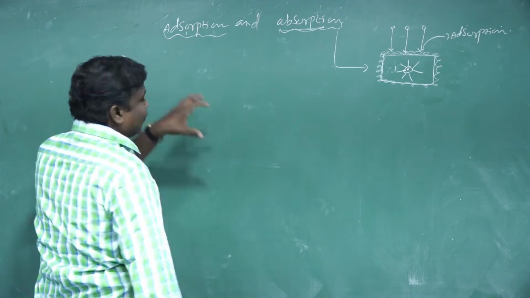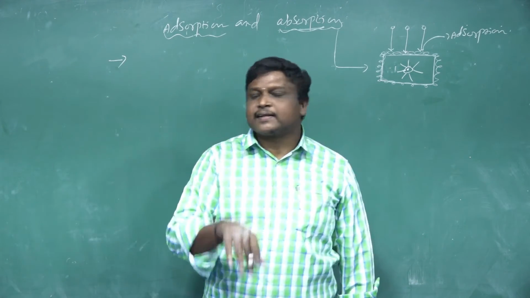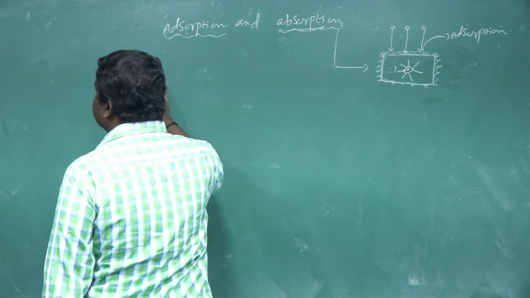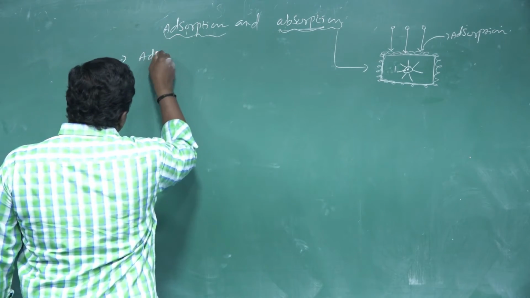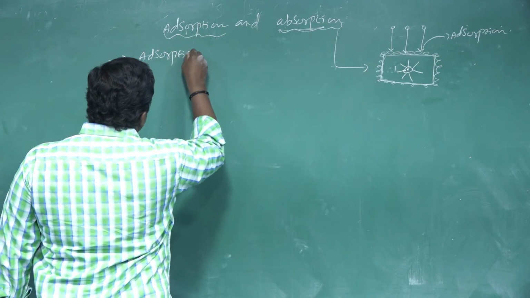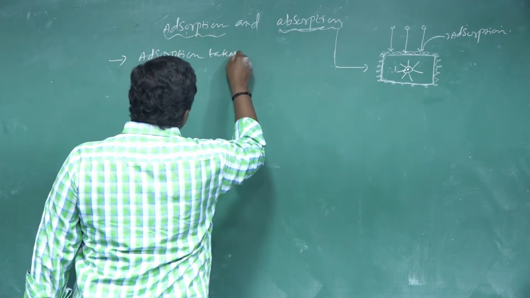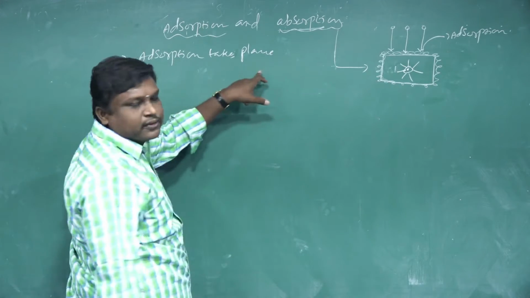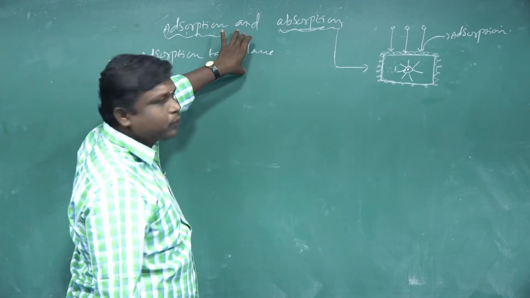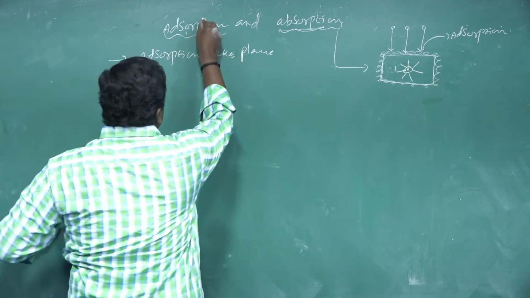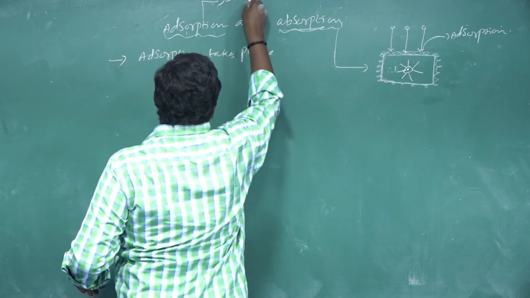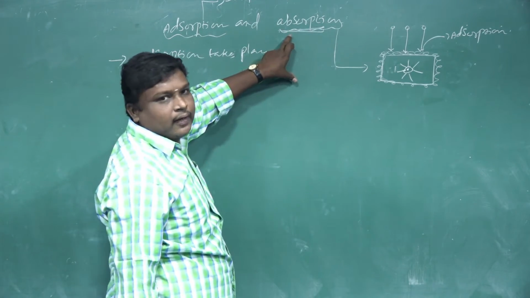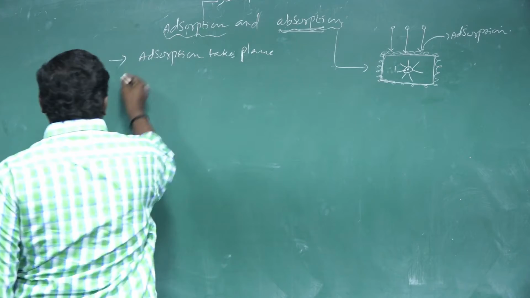Next, general characteristics. What are the general characteristics of adsorption and absorption? First point number 1: adsorption takes place at the surface, but absorption is a bulk phenomenon.